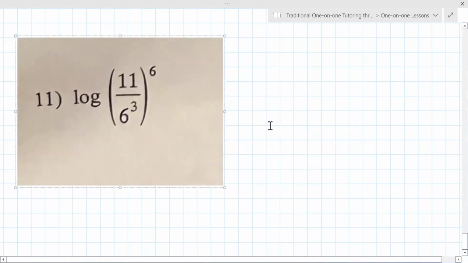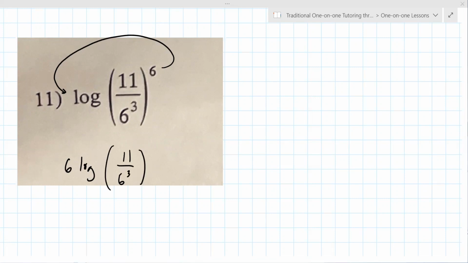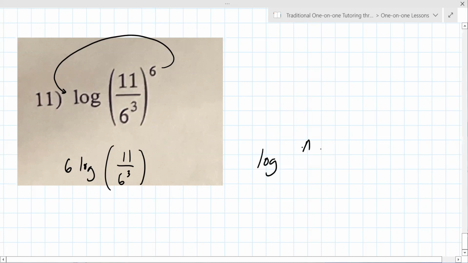All right, so this one's got some numbers. It's got some exponents. Again, you generally want to bring that exponent out in front. It's almost always your starting point on these problems. For this one, let me give you the property. A quotient becomes a difference.